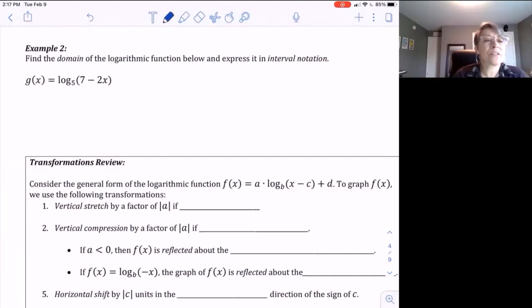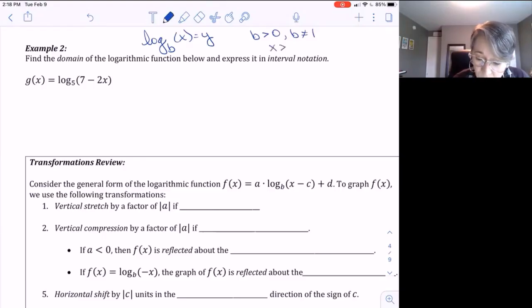In example 2, they've asked us to find the domain of this logarithmic function below and express it in interval notation. Remember, when we have any log base b of its argument equals y, we know the base has to be positive and it can't be 1, which means our argument also has to be positive. Well, in this case, our argument is a linear expression. So that still holds. 7 minus 2x has to be positive because 5 to any exponent will give us a positive number.